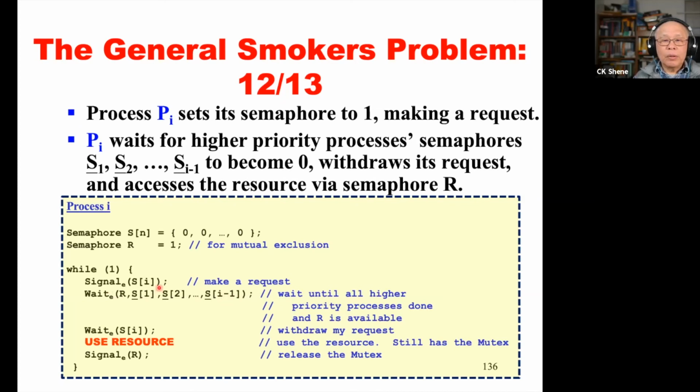So after it, if S1 is 0, S2 is 0, Si minus 1 is 0. What does that mean? It means none of these processes, process 1, process 2, up to process I minus 1, made a request here. So this is a tricky part. We call signal E with semaphore Si, meaning I make a request by adding 1 to it.